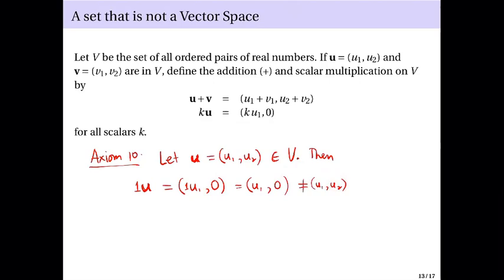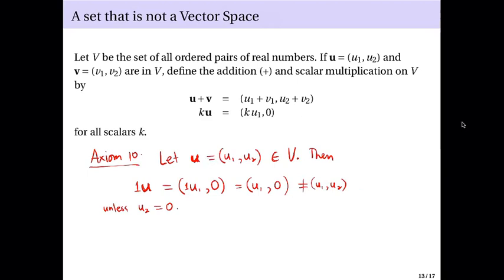So U1, comma U2 is not the ordered pair U1, comma 0, unless U2 is 0. But what does this mean?